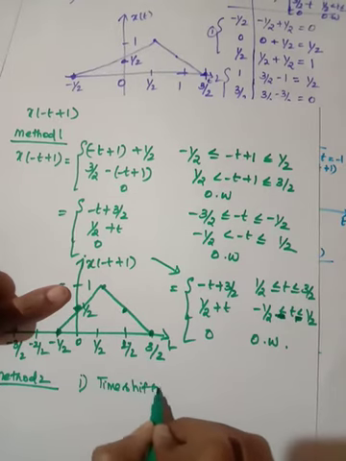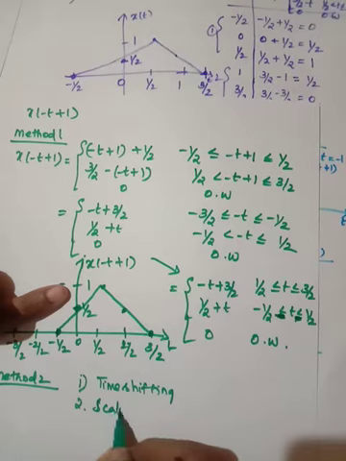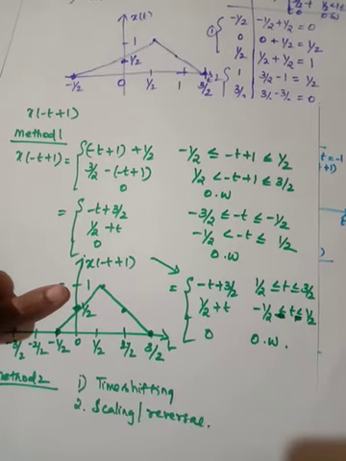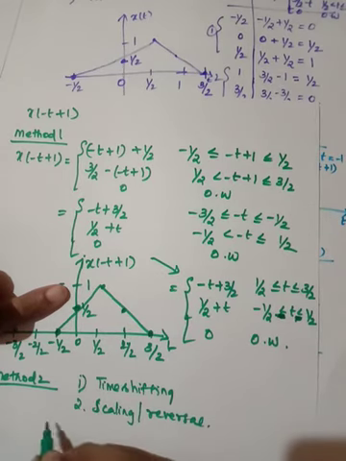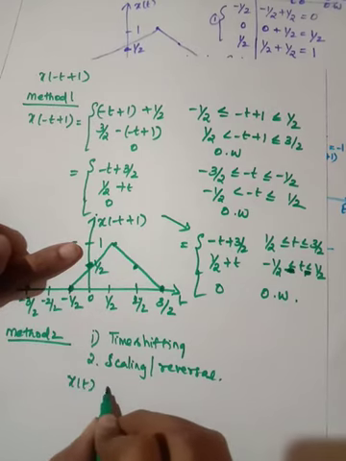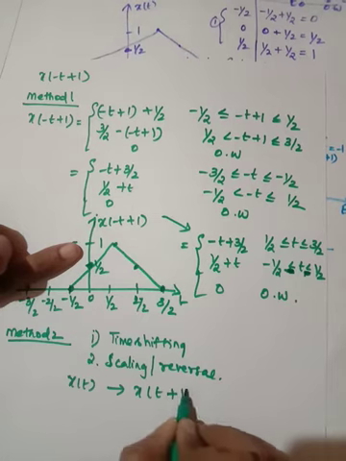Next we have to perform either scaling or reversal. So this is the procedure. Now here I need to perform time shifting. Here the original signal is x of t and I need to perform time shifting. Here the time shifting is x of t plus 1.